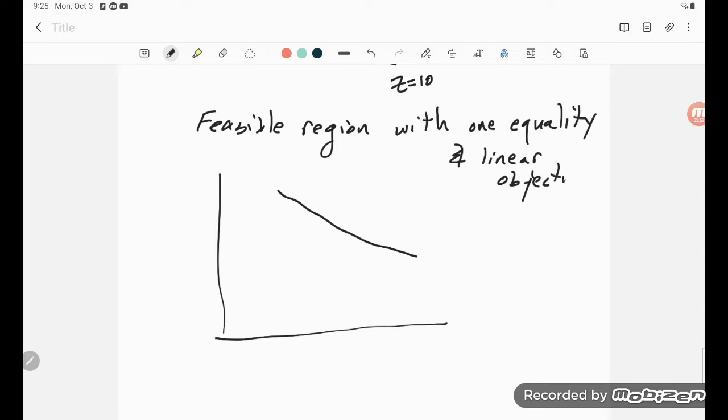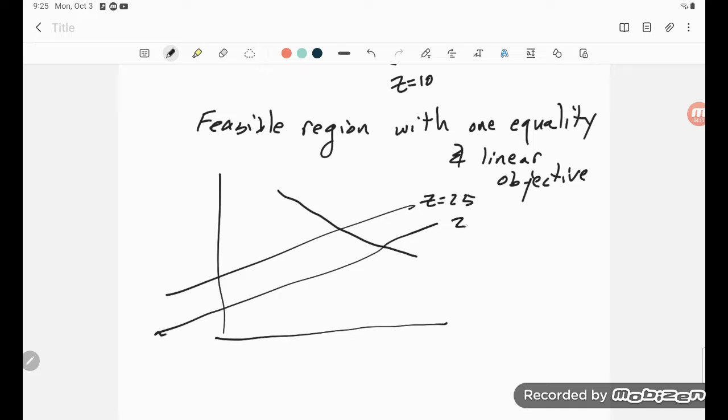And so we had different values, and maybe this is z equals 25. Maybe this is z equals 20. And then if we come right there, z equals maybe 16, who knows.